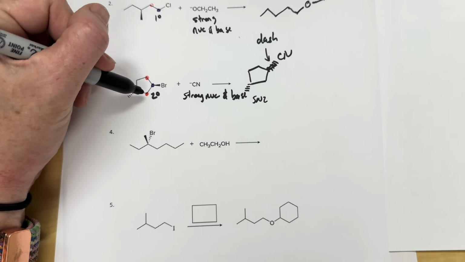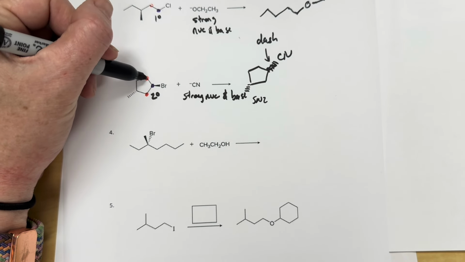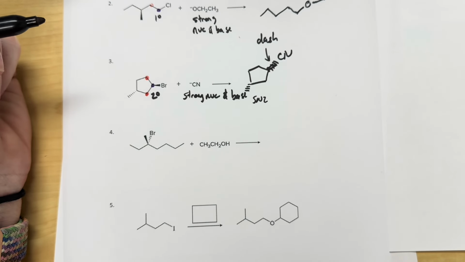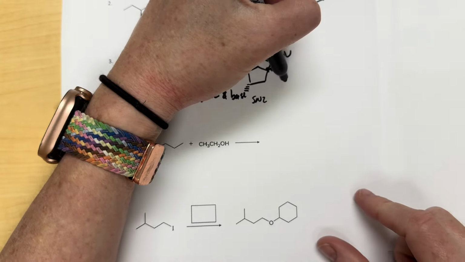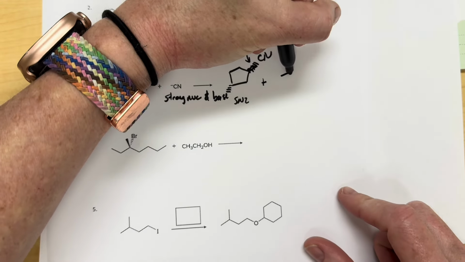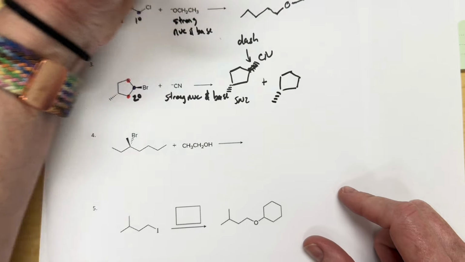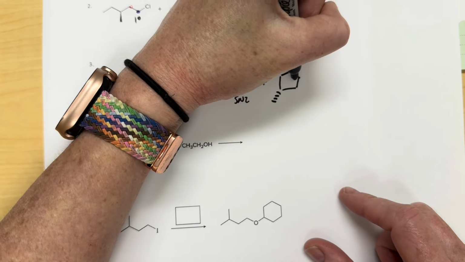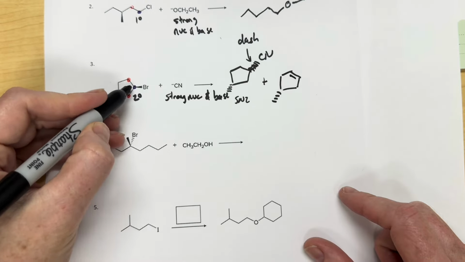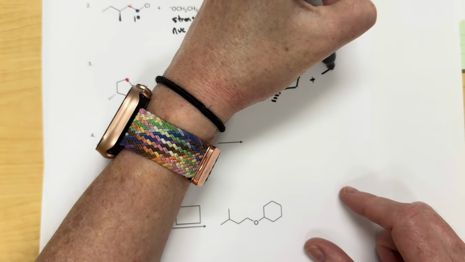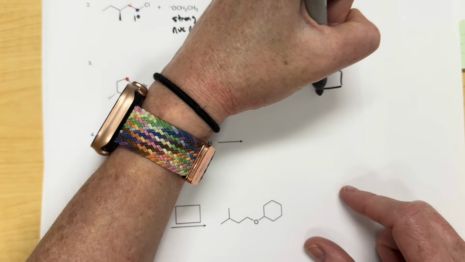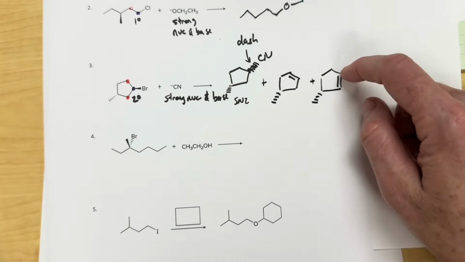They both have the same number of carbons. This one has 2, this one has 2. And so it doesn't matter which one, you'll get them in equal amounts. So again, this methyl group on both of them won't be touched, but you'll have a double bond here between that alpha and that beta, and you'll have a very similar one where the double bond is here between that alpha and that beta.